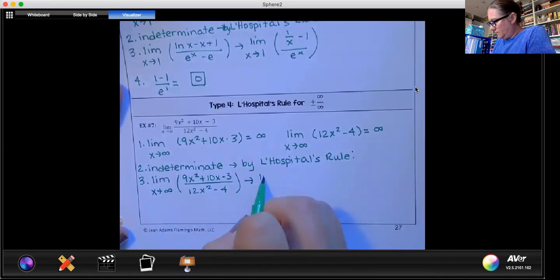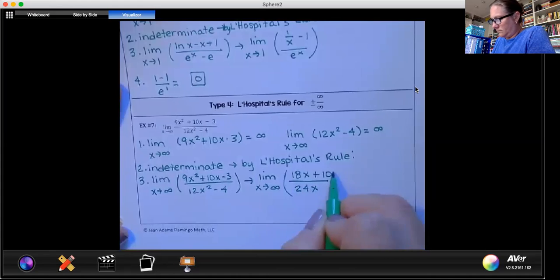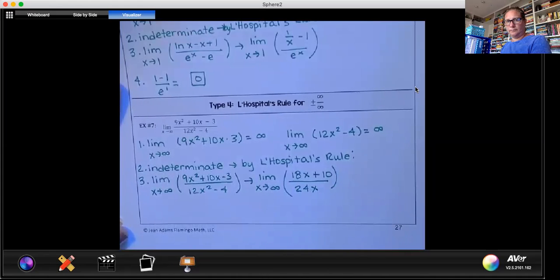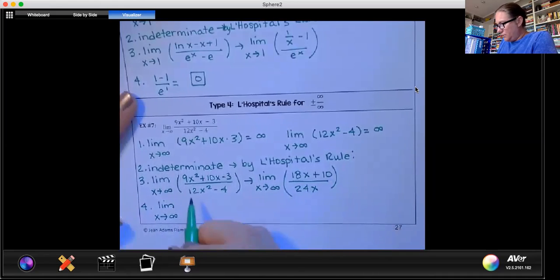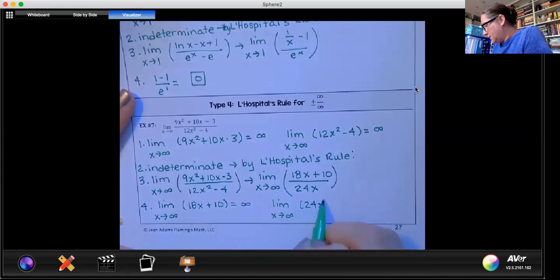Find your derivatives. Notice that as x approaches infinity, you're still going to approach infinity. So 18x plus 10 is infinity, and 24x is also infinity.